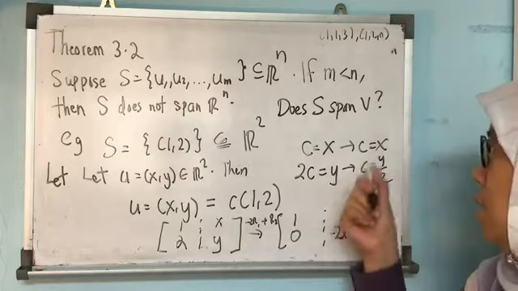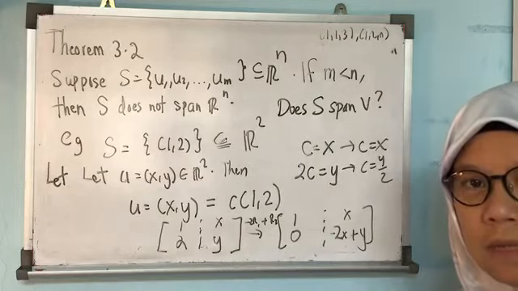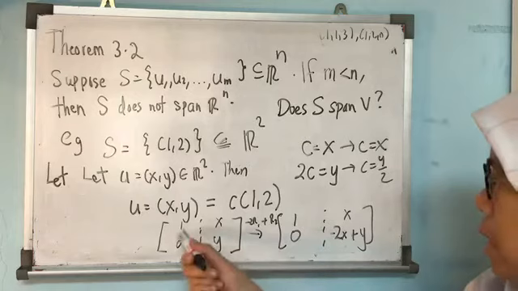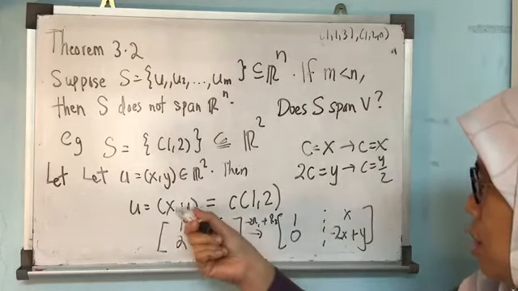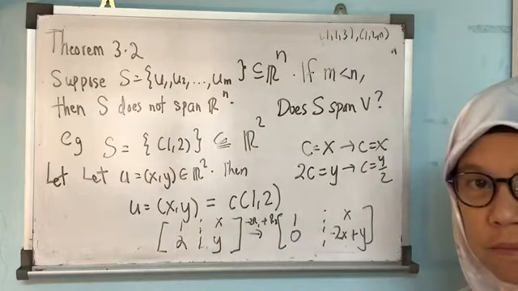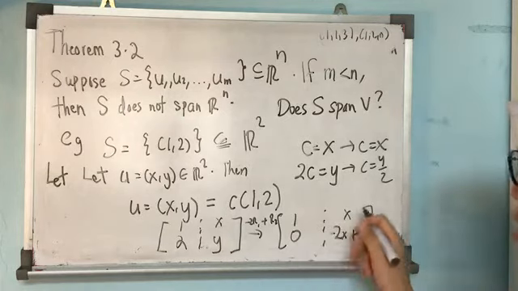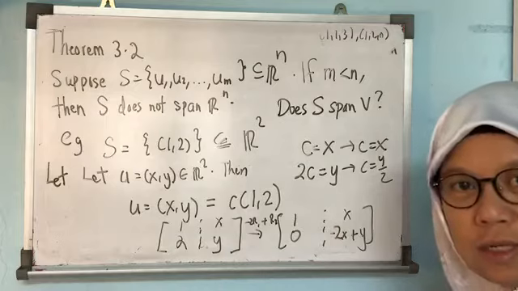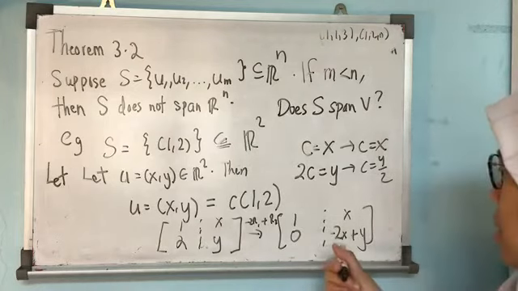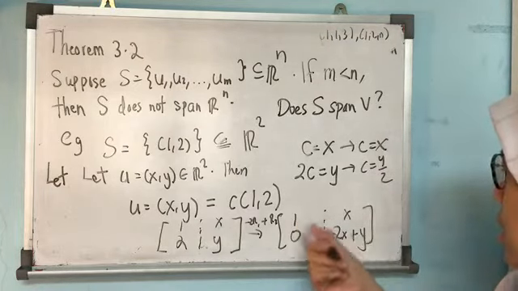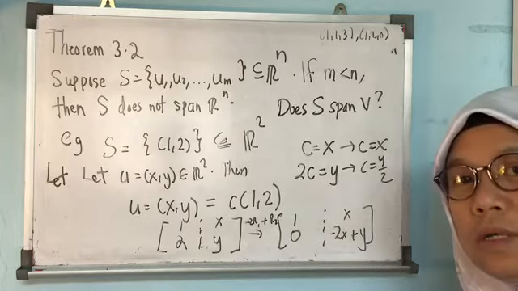But this is only for one particular value. If you write 1, 2, and this one becomes XY, and then you row reduce, you will see that this is inconsistent because the rank is 1, the rank of the whole thing is 2.